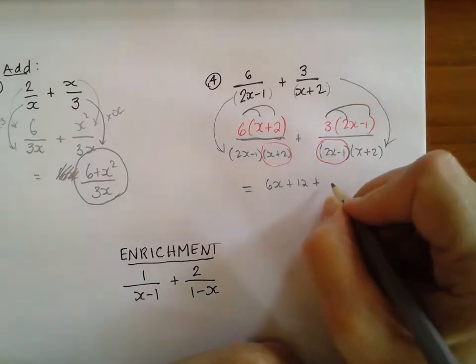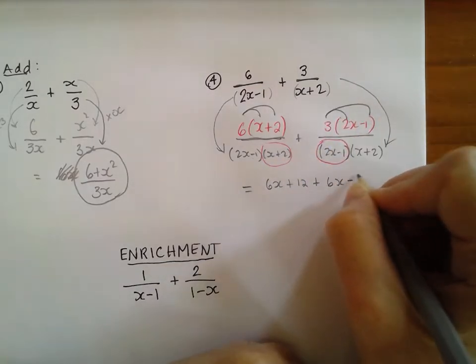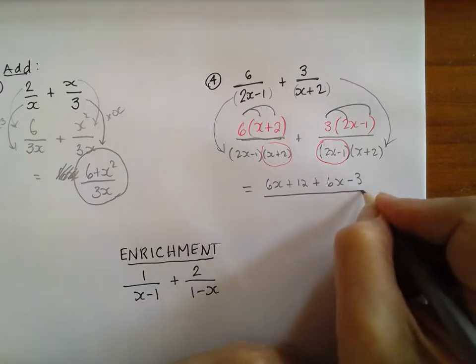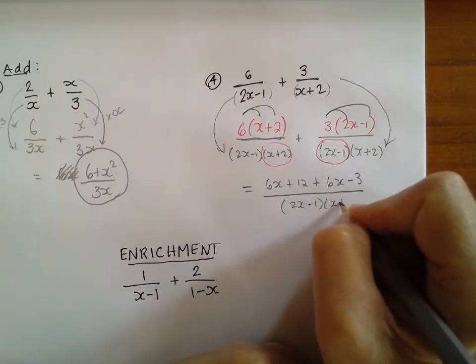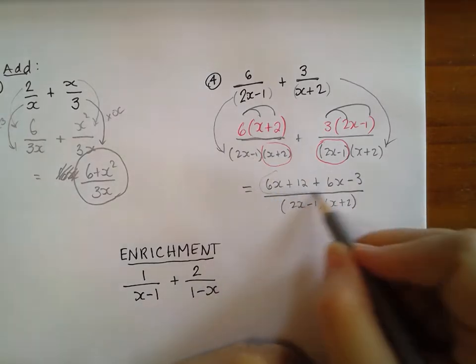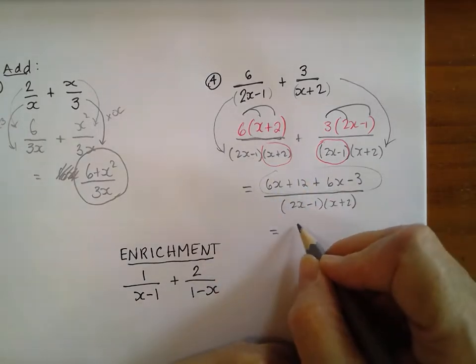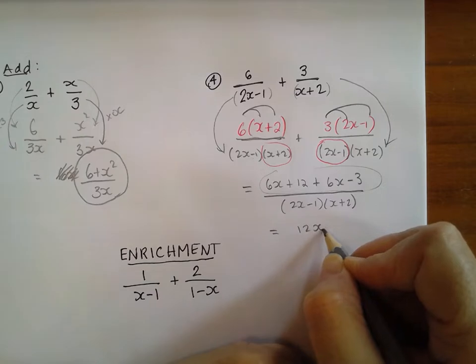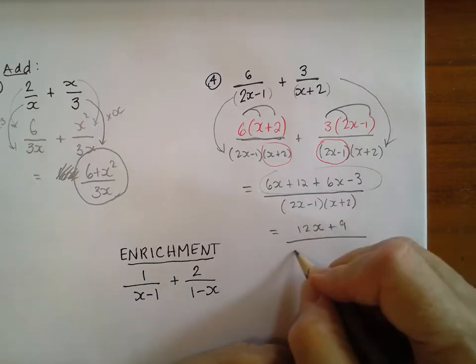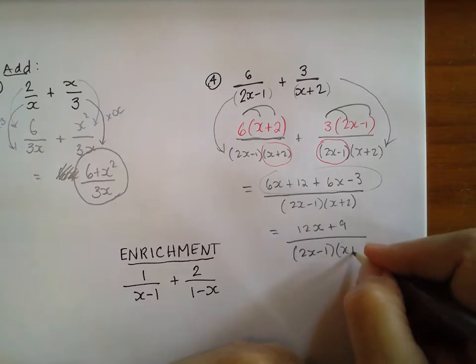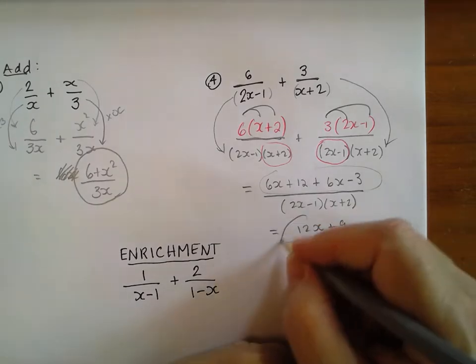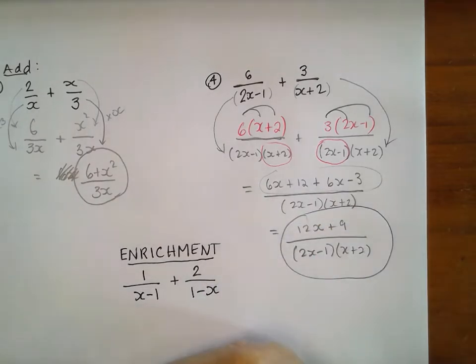Expand. Put it under the same. And then I can combine like terms on the top. And I always leave this denominator in this kind of factorized form. Do not multiply it out.